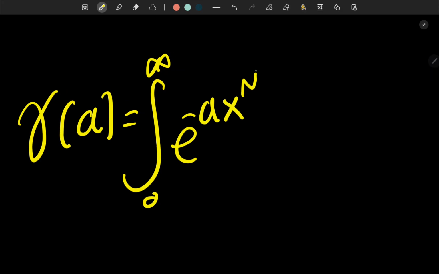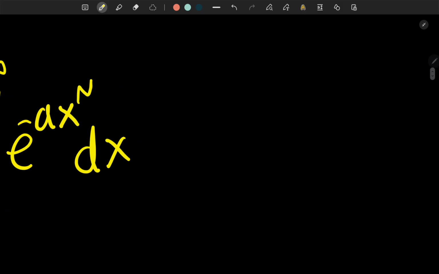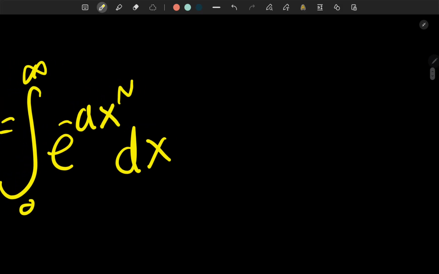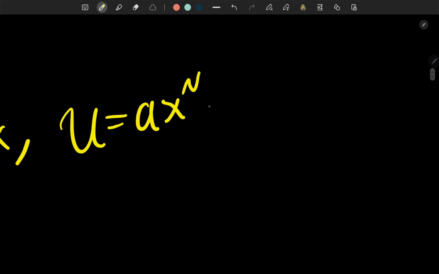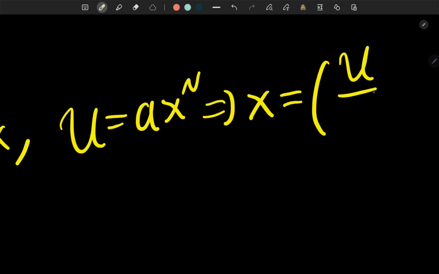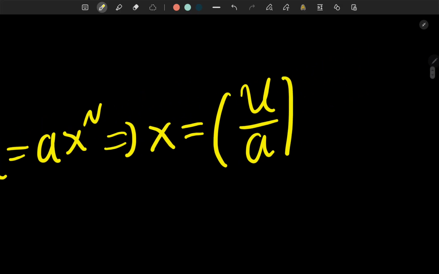x to the n. Now this integral is actually pretty easy using the gamma function. And if you're unfamiliar with the gamma function, I will show it in a second. For this one we can use a very simple u substitution. Let u equal a x to the n. Rearranging this would imply that x equals u over a, all to the 1 over n.